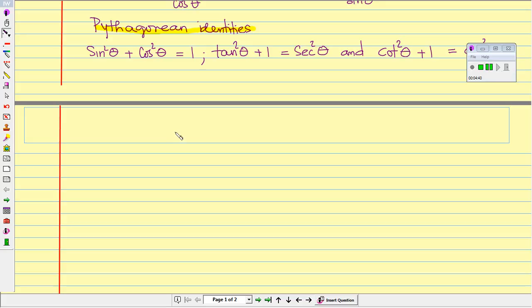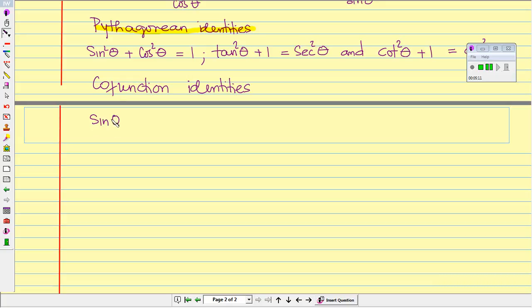The next identity that we are going to introduce is the cofunction identity. So let's look at these 6 identities. Let's look at the first equation.